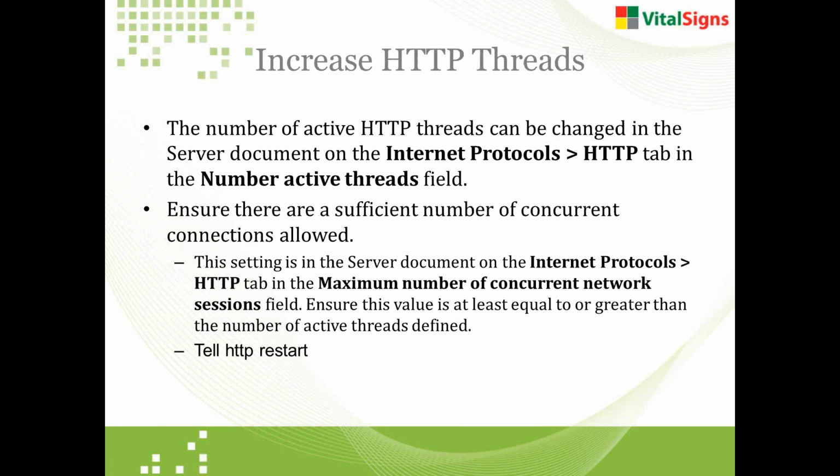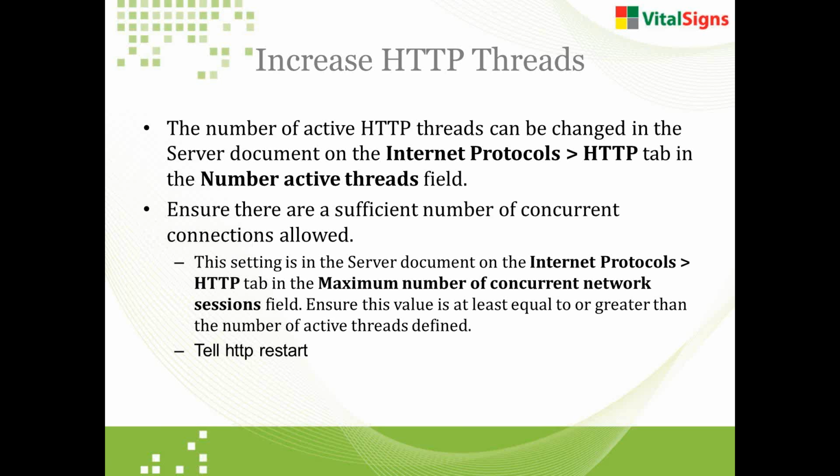So if you find that you do not have enough HTTP threads, what you have to do is go into the address book, find the server document for the Traveler server, go to the HTTP tab and find Internet Protocols, number of active threads, change that number, and then you also need to go to the maximum number of concurrent network sessions, and that number has to be at least equal to or greater than the number of active threads, because the threads also consume network sessions.